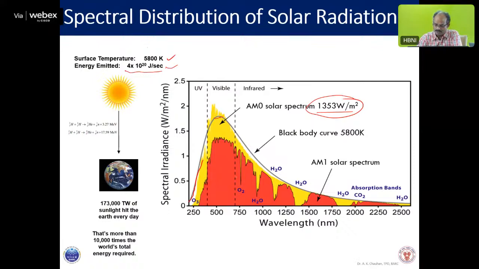When we come to the Earth, even after absorption by many of these molecules, we still receive nearly 1 kilowatt per meter square. So this is at AM1. What are these AM1, AM0? We'll see in the next slide.